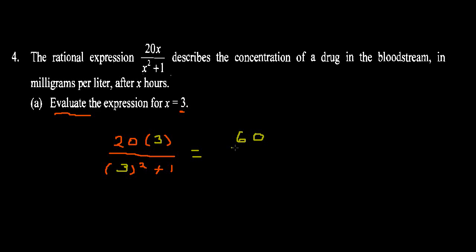And what do I get in the denominator? I have 3 squared. Well, that's 9. And then plus 1. Okay. And then that just simplifies to 60, and 9 plus 1 is 10. And 60 divided by 10 is 6.